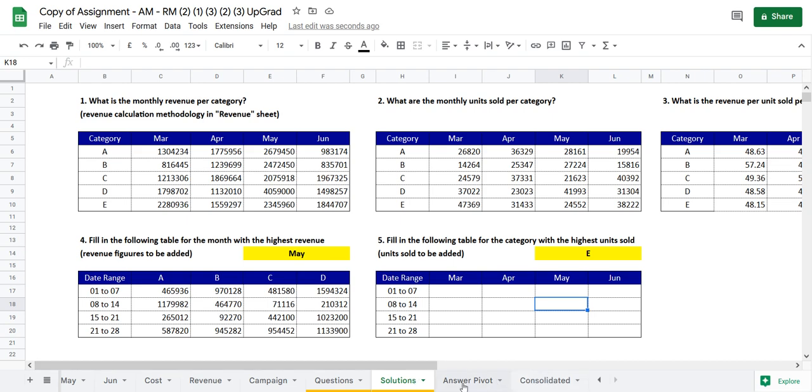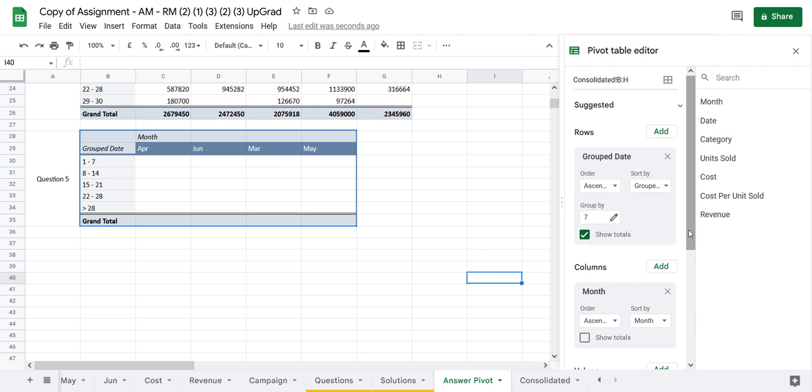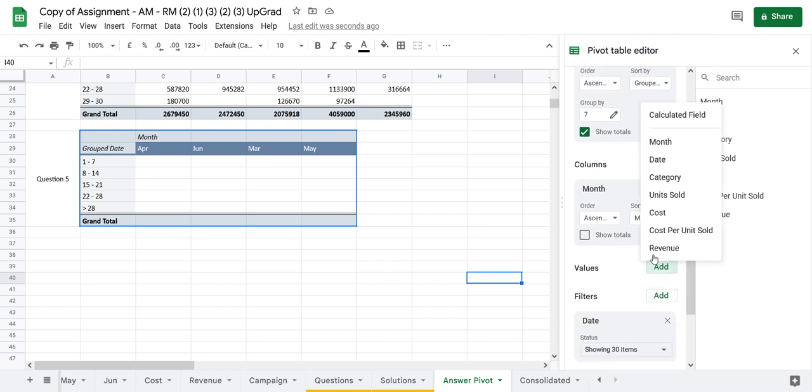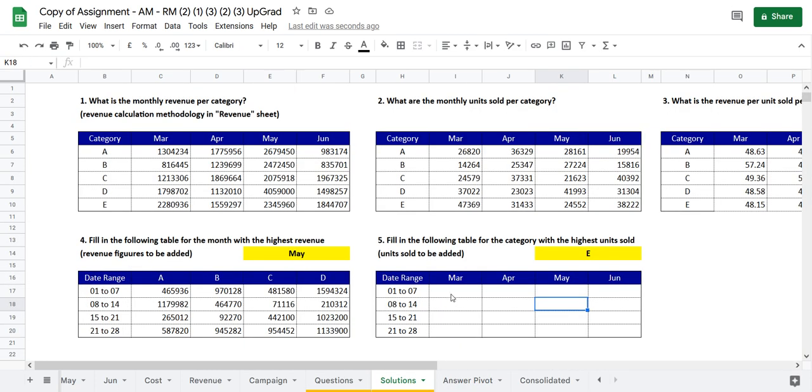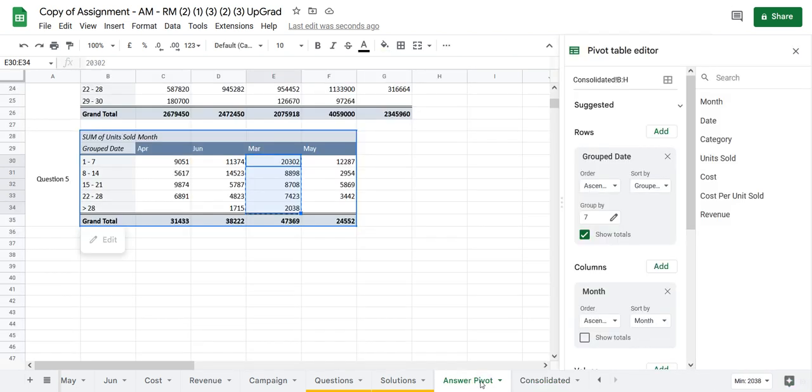So in values we'll select units sold. So this will be our answer. For March, this will be the number. Okay, wait. Greater than 28 we don't want, right? So we'll select only the first four numbers.